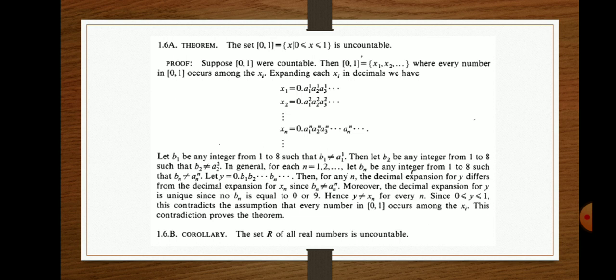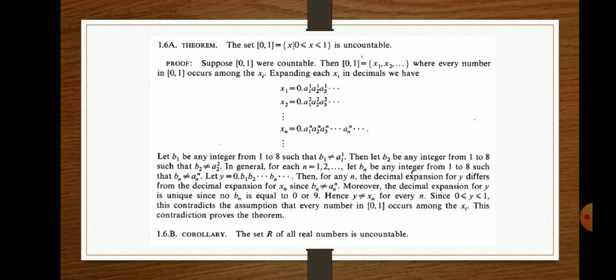So expanding each xi in decimals we have x1 equal to 0.a11, a21, a31, etc. x2 is equal to 0.a12, a22, a32, etc. Like that, xn is equal to 0.a1n, a2n, a3n, etc. Here a2n means the second digit of the nth number.